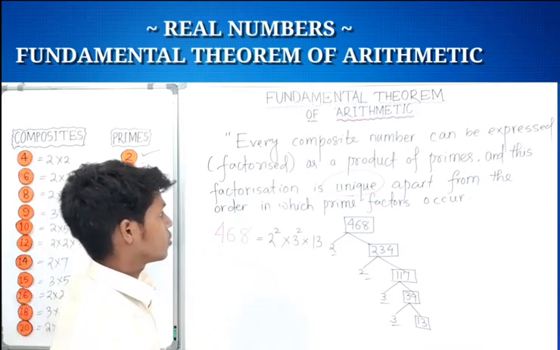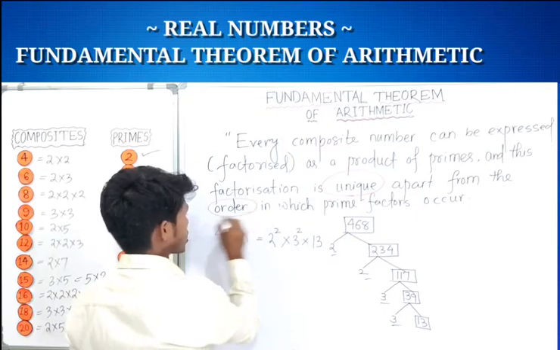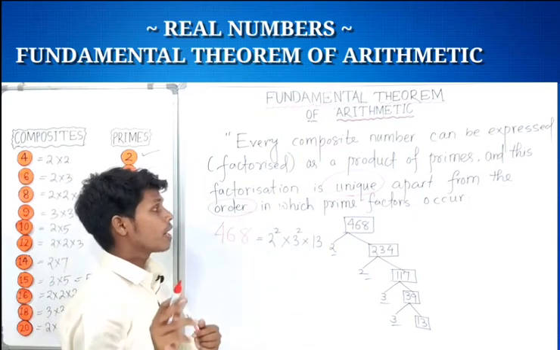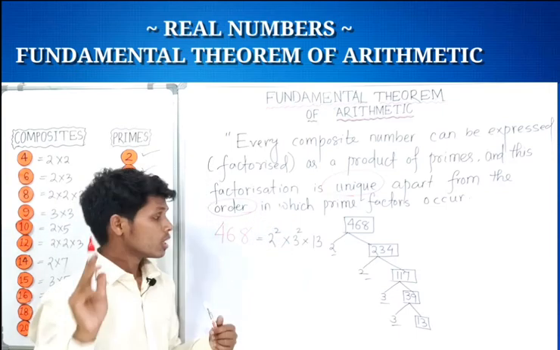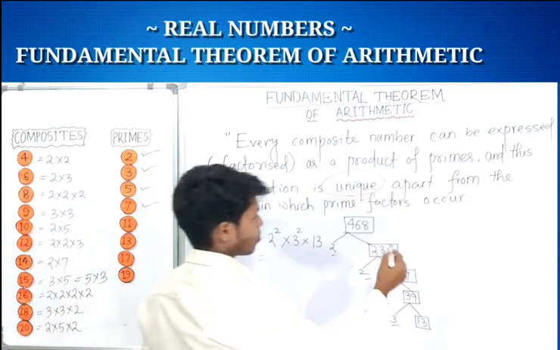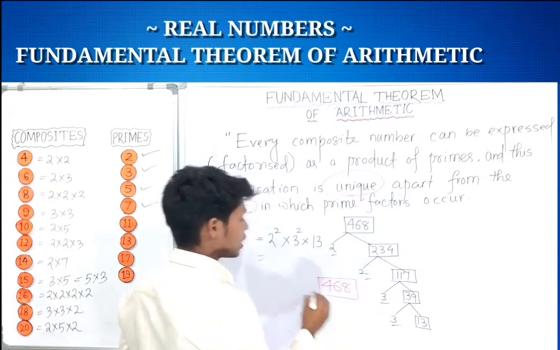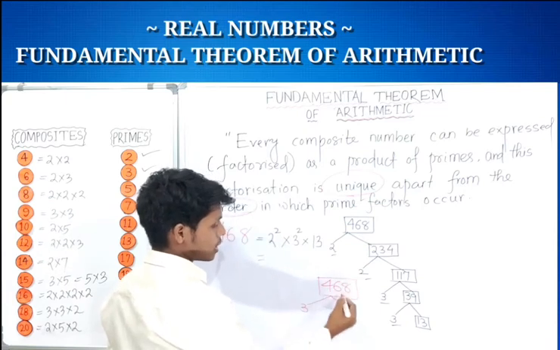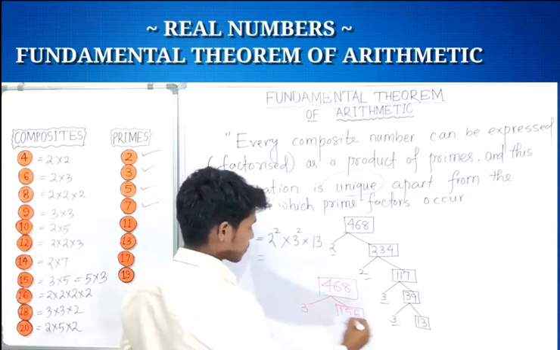So this factorization is unique apart from the order in which it occurs. Yes, it is unique, but the order may change. Apart from the order, the order may be changed. Means if I first divide 468 by 3, I will get 3 1s are 3, 3 5s are 15, 3 6s are 18.